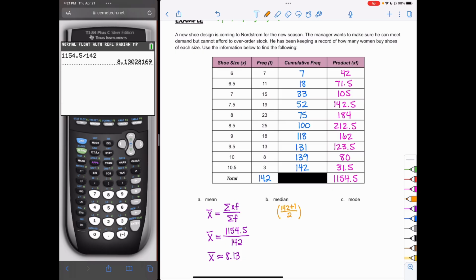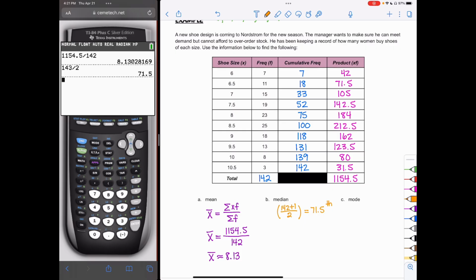So when I do that, I will end up seeing that I have 143 divided by 2, which ends up giving me 71.5. That's the term. Okay, so the 71.5th term, so to speak.